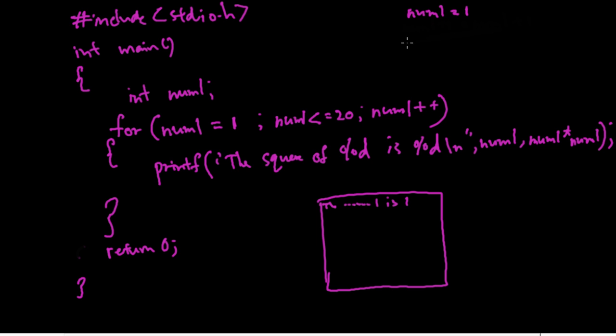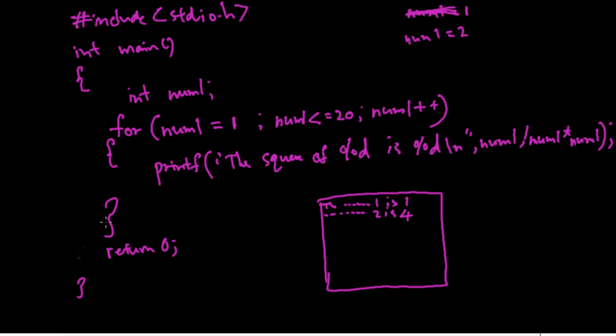So num1 becomes 2 right now. It's not 1 anymore. num1 is 2. So printf, the square of %d is num1, the square of 2 is the other %d. This second %d corresponds with this. So it's num1 times num1, which is 4. So the square of 2 is 4.